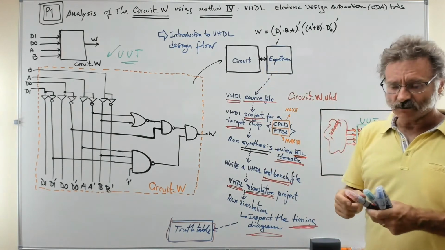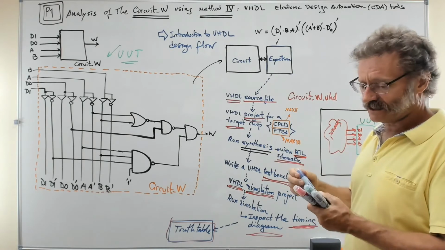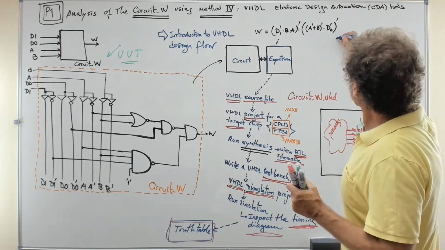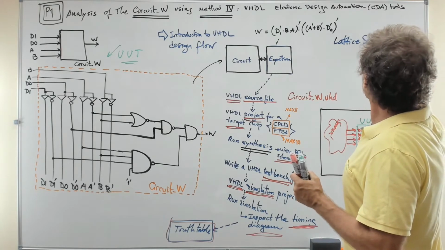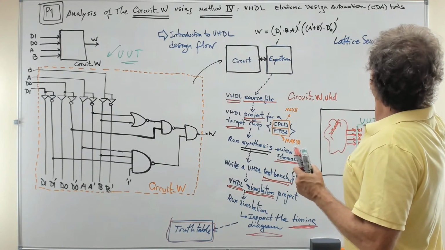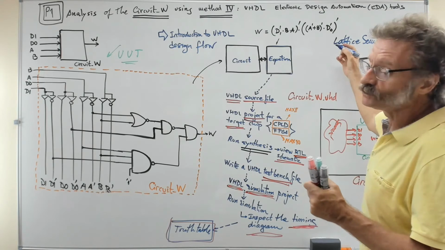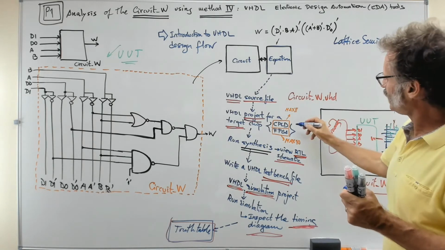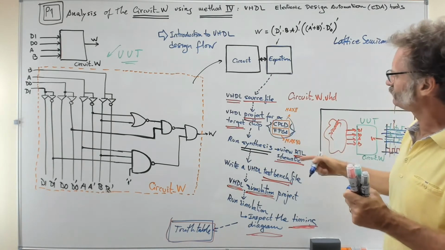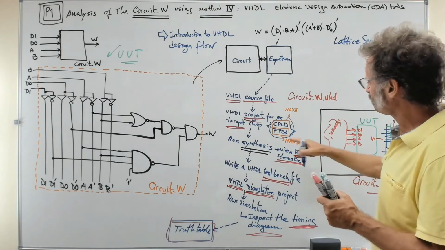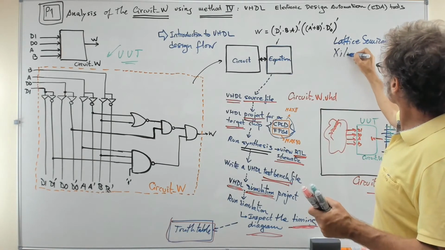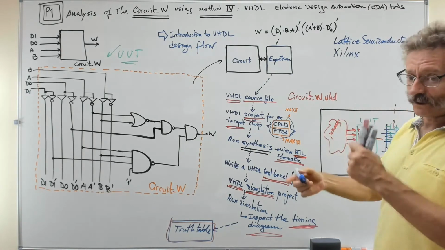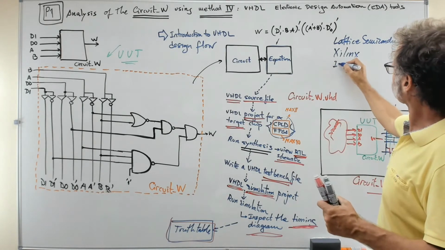By the way, the tools that we can use here are from several vendors. We can use Lattice Semiconductor tools, because they have both complex programmable devices and FPGAs, field programmable gate arrays, or Xilinx tools, or Intel tools.